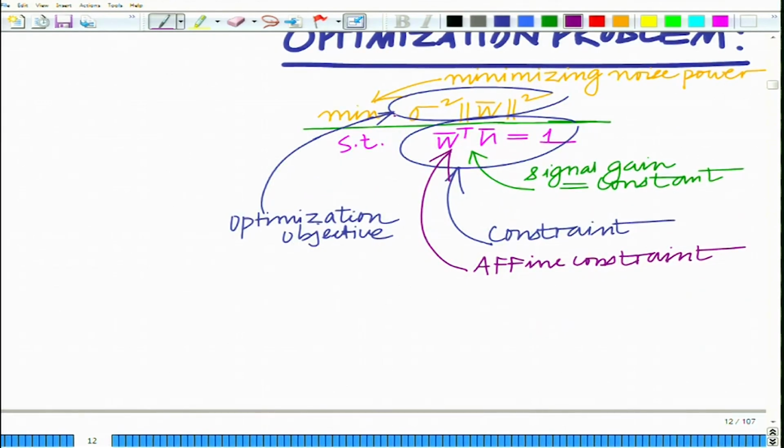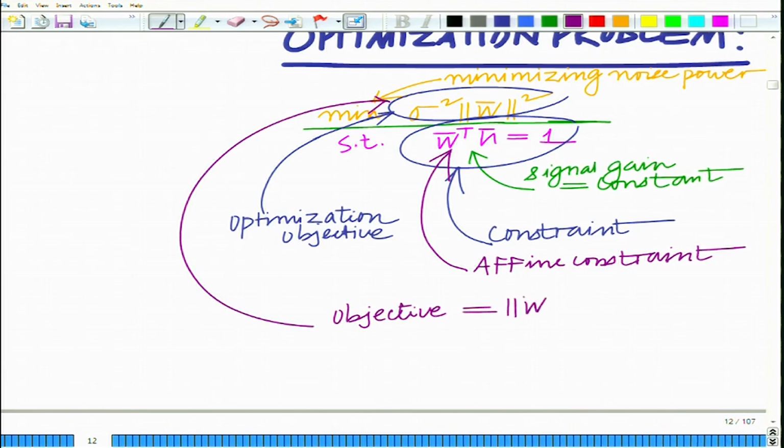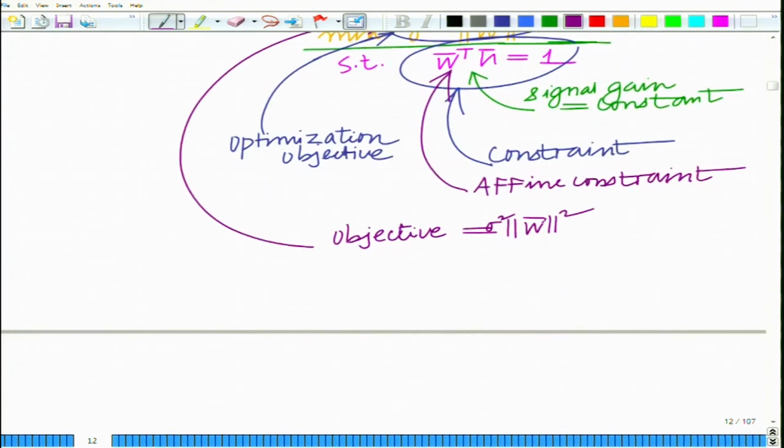And if you look at the objective, it is convex, where sigma square norm W bar square. Well, minimizing sigma square norm W bar square is equivalent to minimizing norm W bar square, because sigma square is a constant.